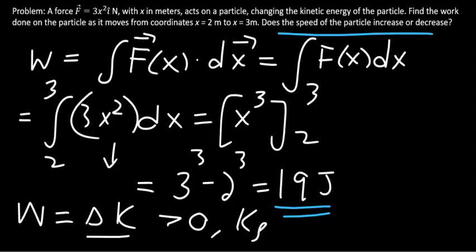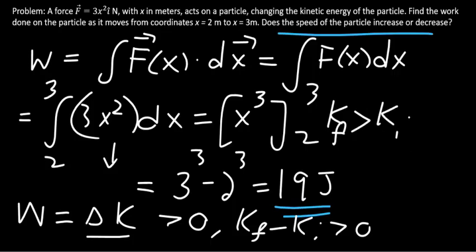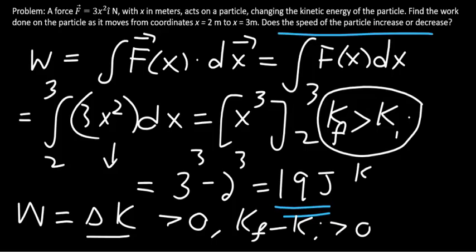That means the final kinetic energy minus the initial kinetic energy is positive. So the final kinetic energy is greater than the initial kinetic energy, which directly translates into an increase in the speed of the particle. After all, kinetic energy is given by half times the mass of the particle times speed squared.